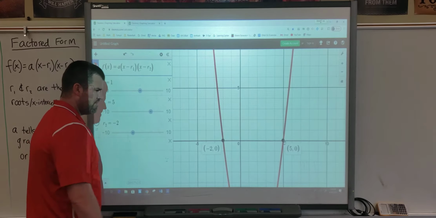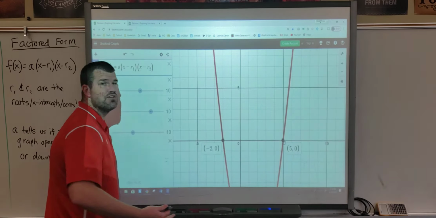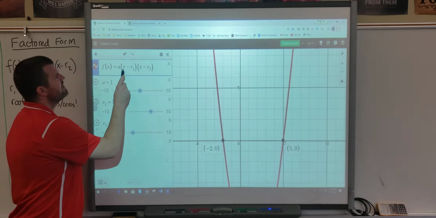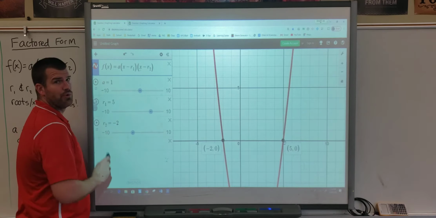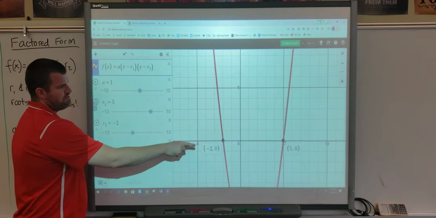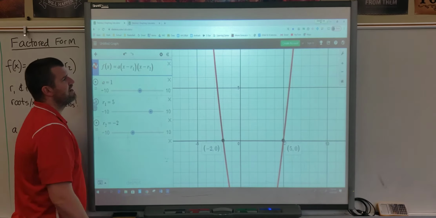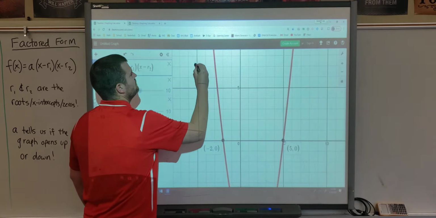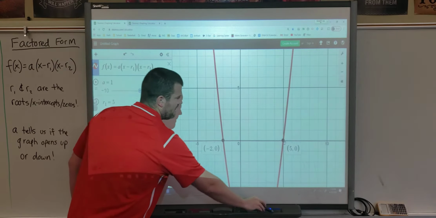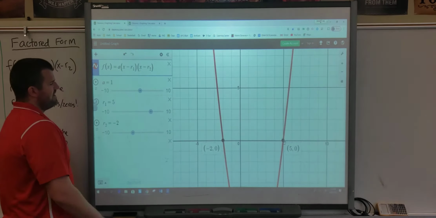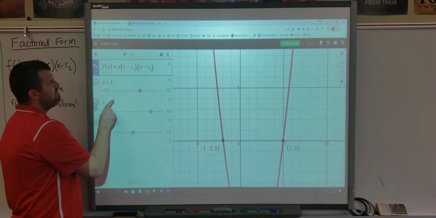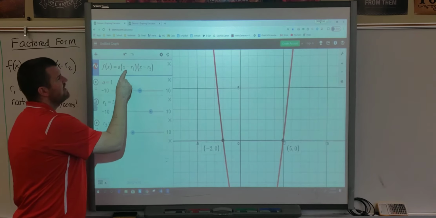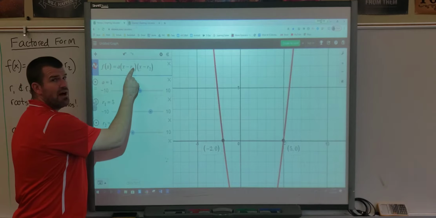The thing that you have to get a little bit used to, though, is that in the formula it says x minus the root. So if we were to write this equation for this particular graph right here, it would be f of x, and then for the +5, when we plug in 5, it's going to say x minus the +5.